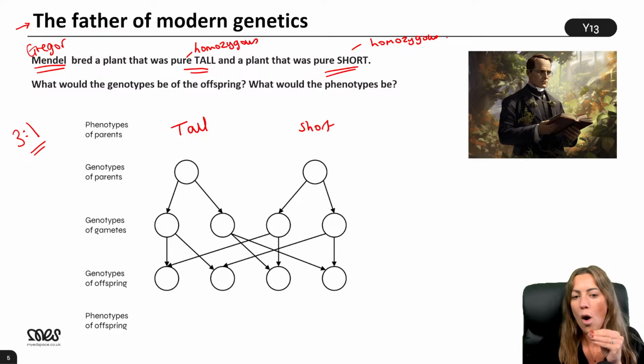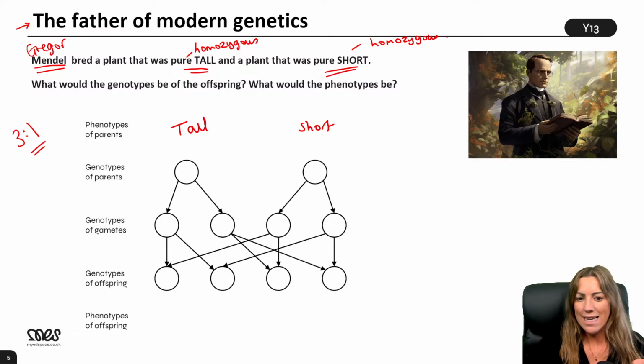You just use one letter because these alleles are for the same gene. They're for the height gene. You could use H for height, but you're just going to use one letter and you're going to differentiate by using the capital letter for the dominant and the lowercase letter for the recessive. But we must use the same letter because these alleles are for the same gene, the height gene, okay?